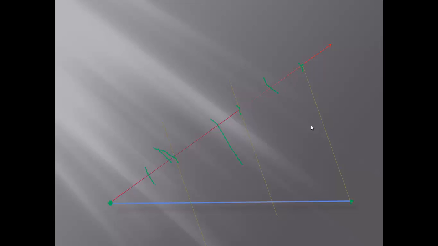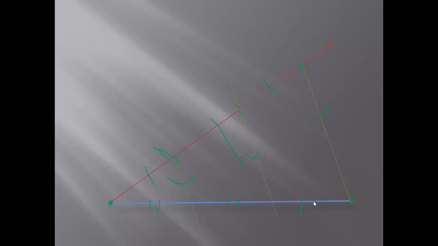Then we make parallel lines, just like in the theorem, 1, 2, 3. And because we know that the side splitter theorem is true, we can say that because it splits these 3 equally, it must also split these 3 line segments equally, and therefore we just trisected it.